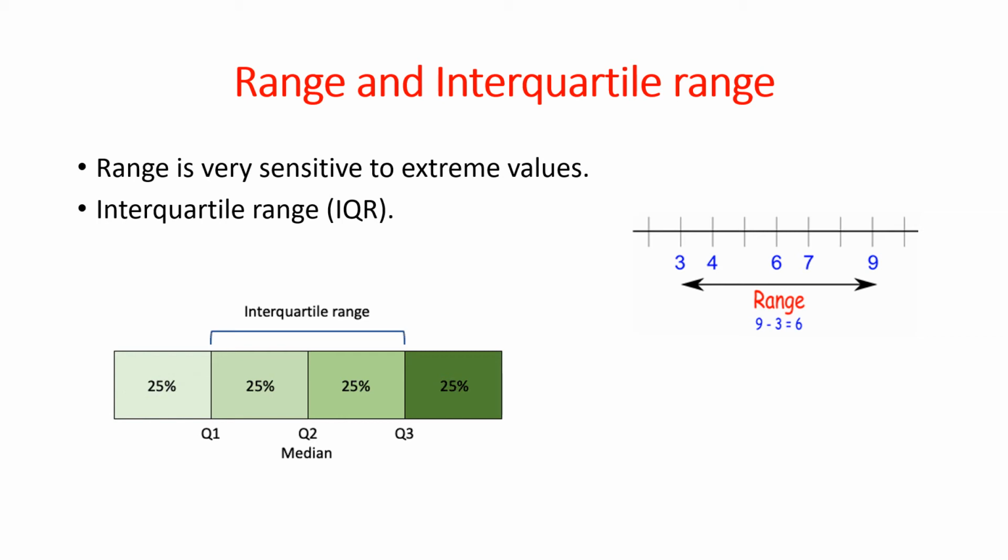Here, interquartile range is very robust against outliers, which makes it a very suitable variability measure to report if your data has extreme values, if your data is not normally distributed, or if your data is skewed. You definitely need to think about reporting interquartile range too.